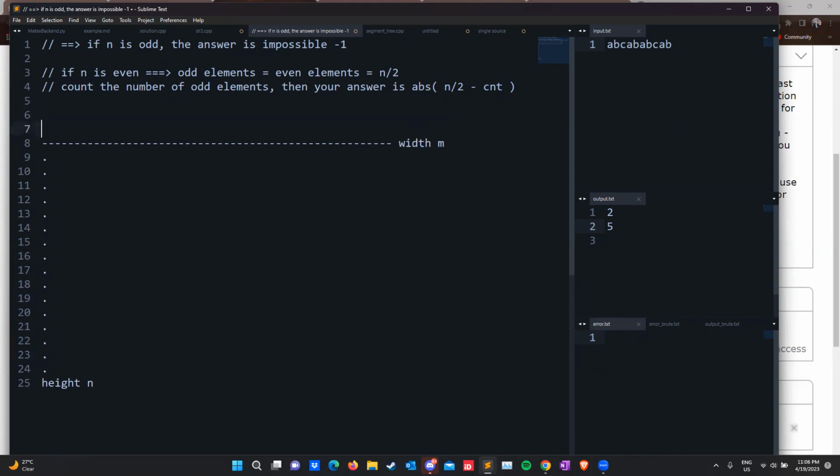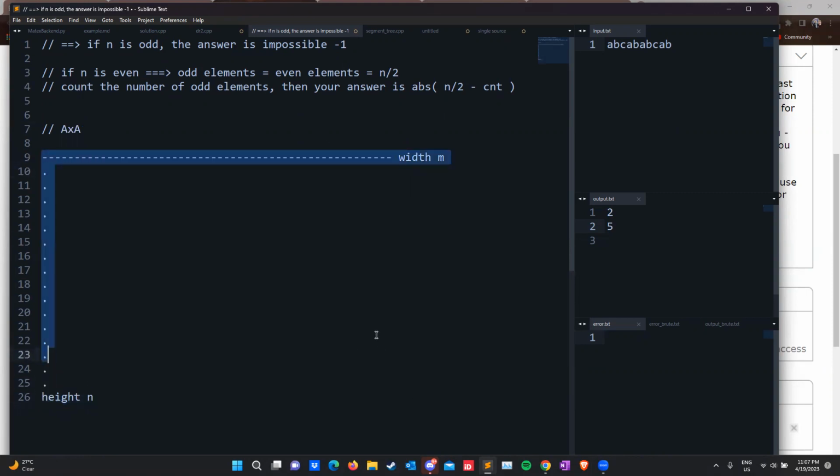Also, we have been given squares of size a cross a, and you have to find the number of squares required to cover the entire park, and you have to place them.